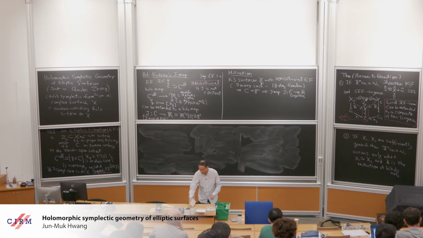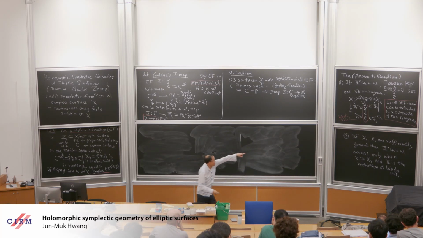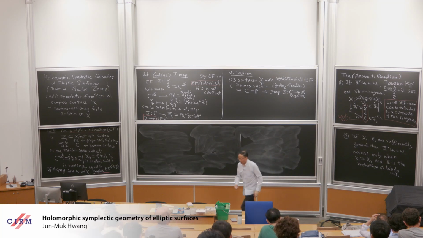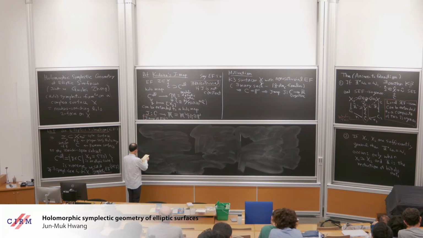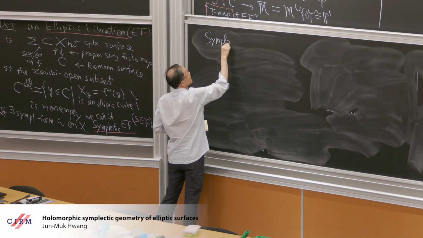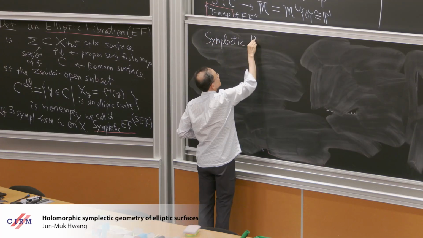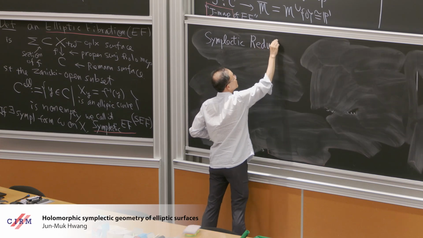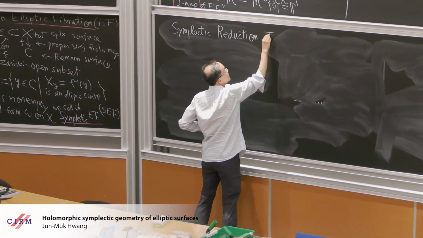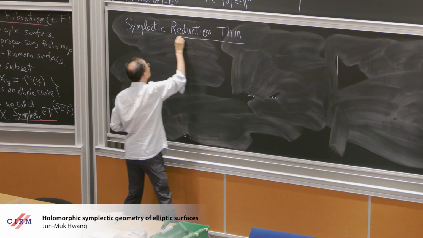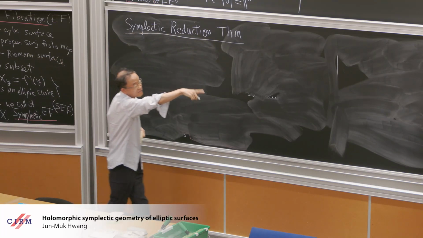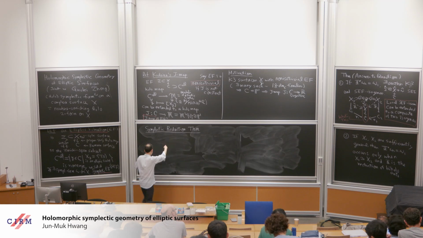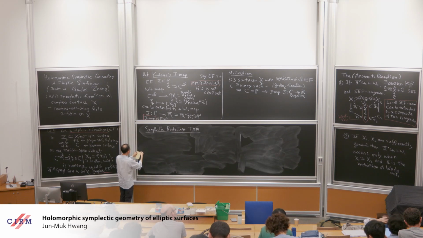Okay, so where does this third guy come from? This is the content of the next theorem. So this is our symplectic reduction. Over there, it's about K3 surfaces, but here it's about any symplectic elliptic fibration.